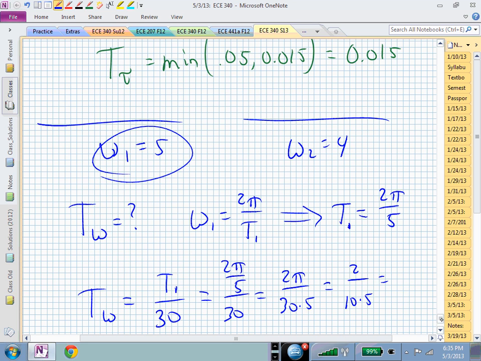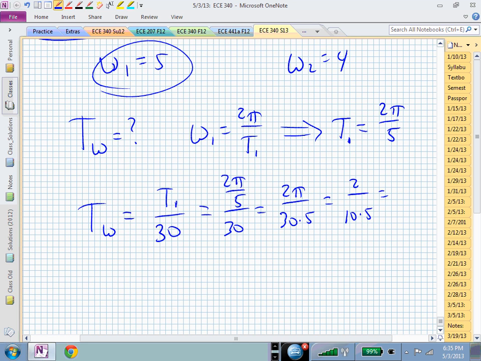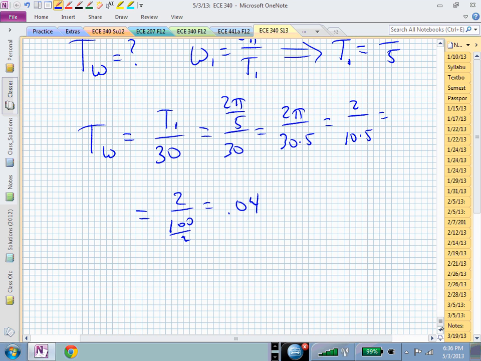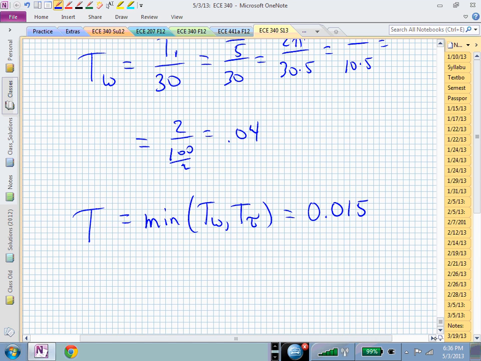So now I have 2 over 50, or 0.04. And for my ultimate sampling, I want to take the minimum of T of omega and T of tau. And I think it was the 0.015, wasn't it? So that's now how fast I would sample.